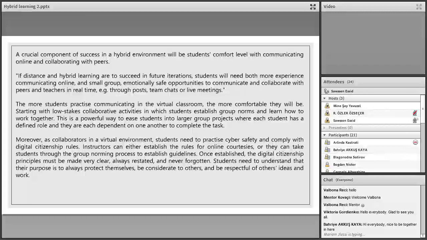Now I'm going to talk about the crucial component, or the most interesting component, of the success in a hybrid environment. It will be the students' comfort that really will level up their communication online and collaboration with peers. So here I have a quote that I inserted.